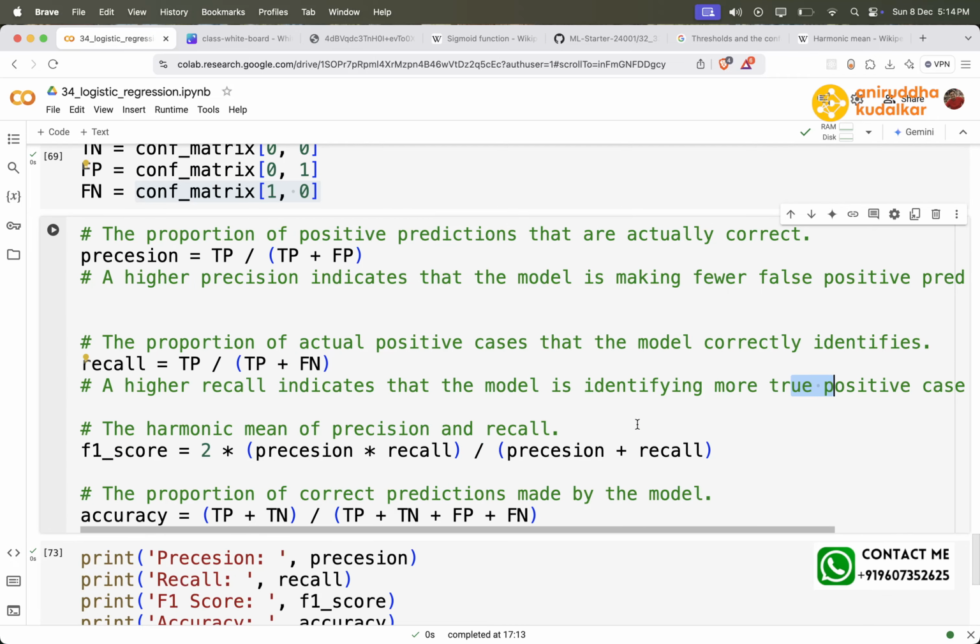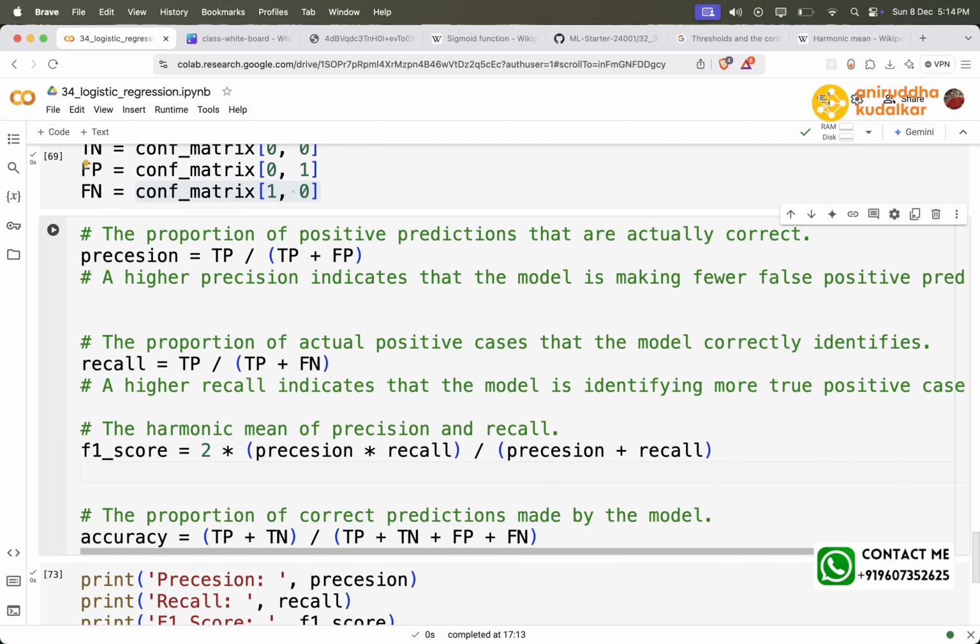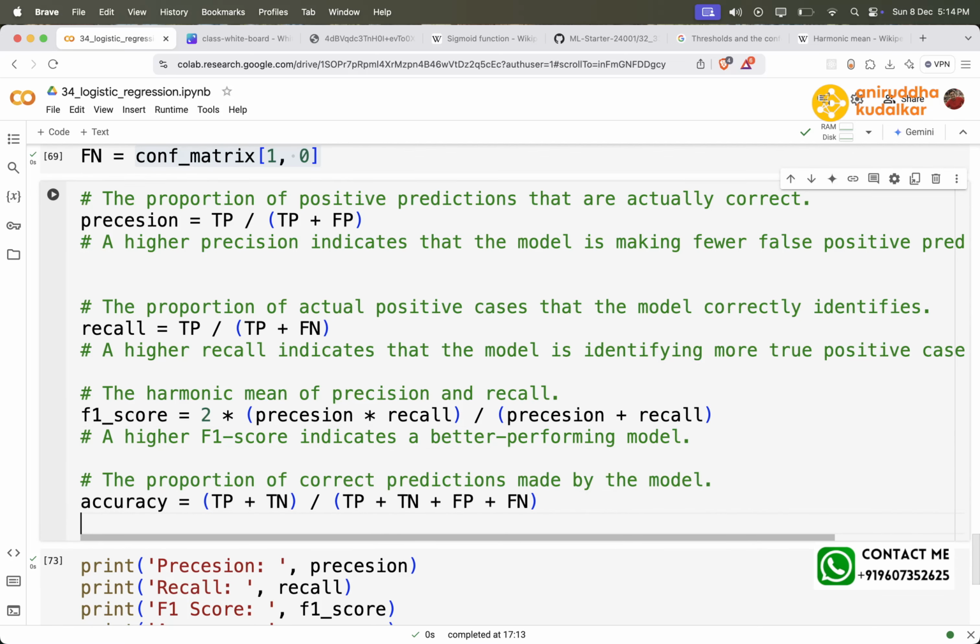F1 score, the harmonic mean of the precision and recall: a higher F1 score indicates better performance of the model.